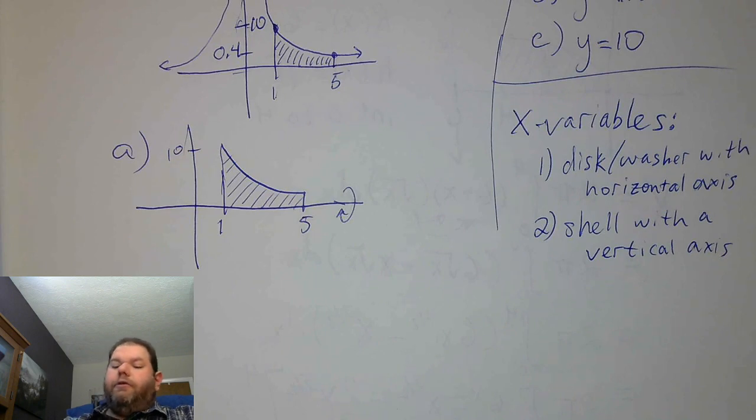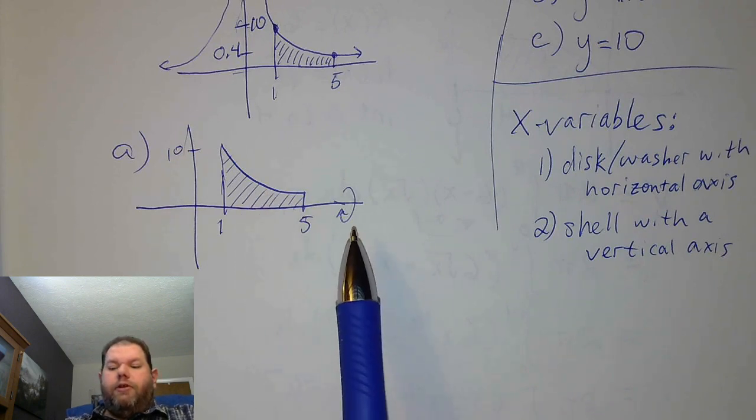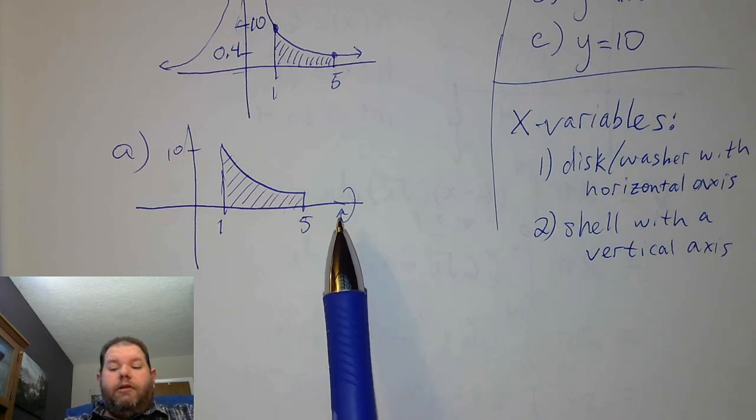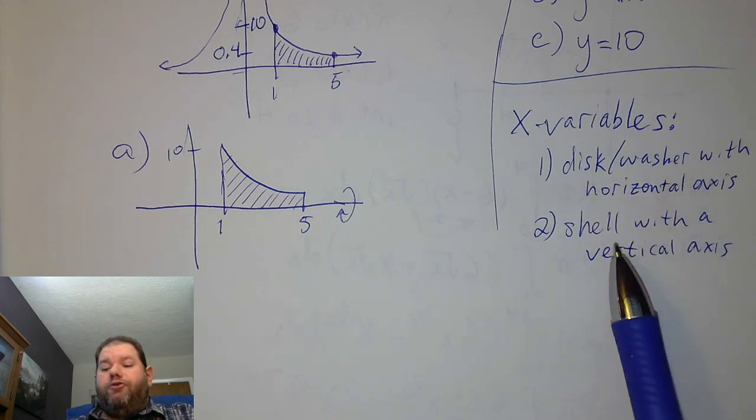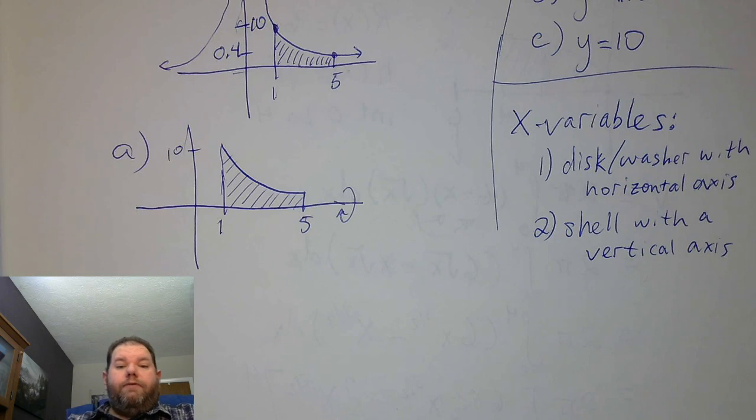So looking at part A, the question is immediately, which of the three methods, disk, washer, or shell, would work best for part A?